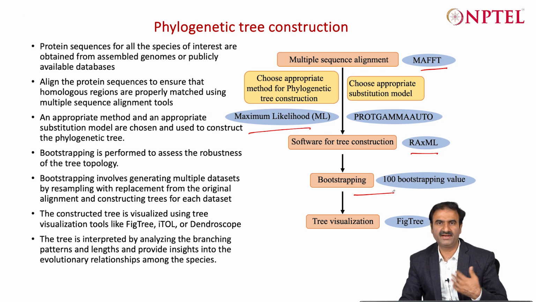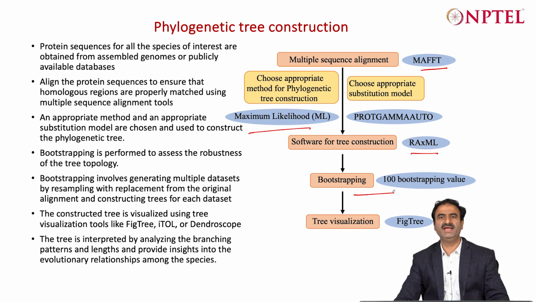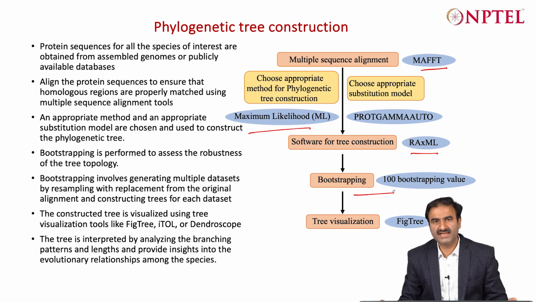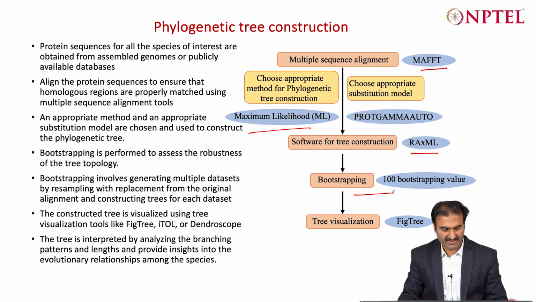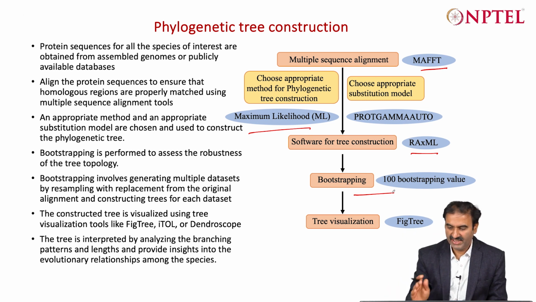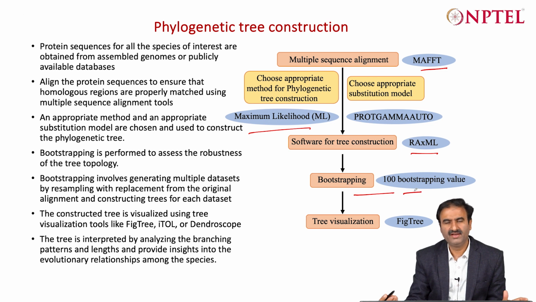I am repeating that calculation, right? That will increase the confidence in the tree you have built regarding the structure and the position of various species in that tree. That is why bootstrapping is very important, and 100 is a good number for bootstrapping.